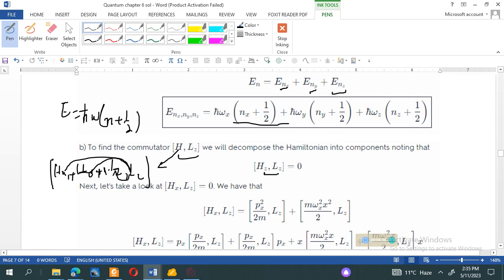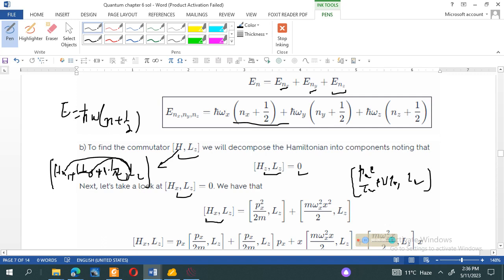So Hz and Lz will be equal to 0. Similarly, let's take a look at Hx and Lz, which is equal to 0. We know that the commutation of this can be written as px squared over 2m with Lz plus the potential. You know that the Hamiltonian is equal to px squared over 2m, similarly, plus the corresponding potential, and Lz.